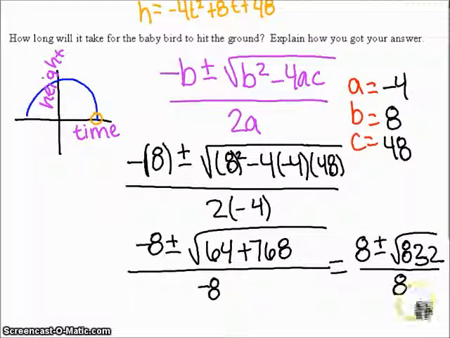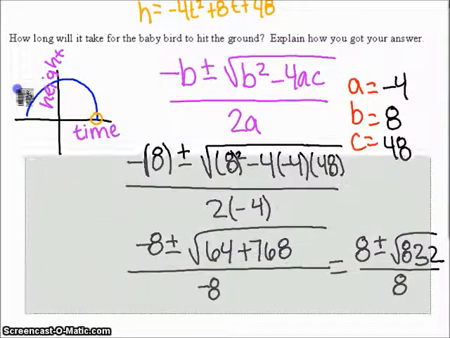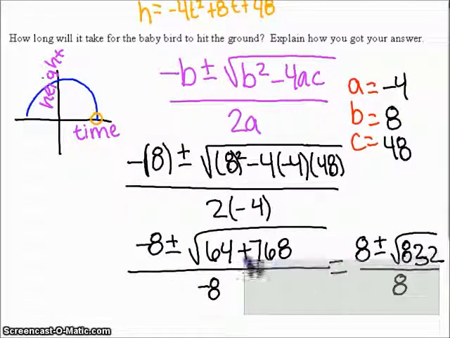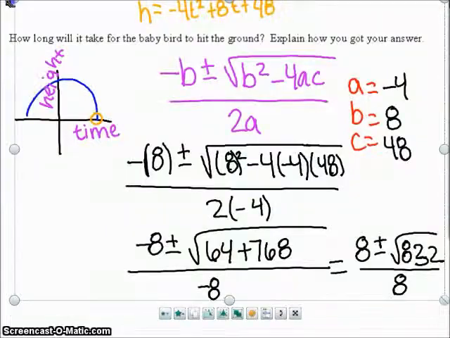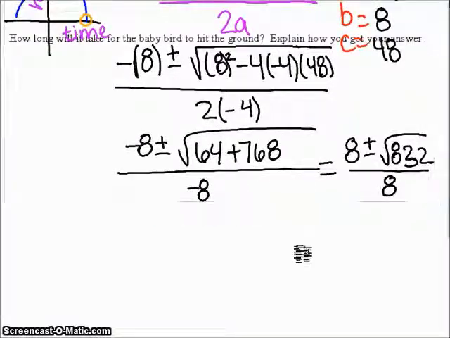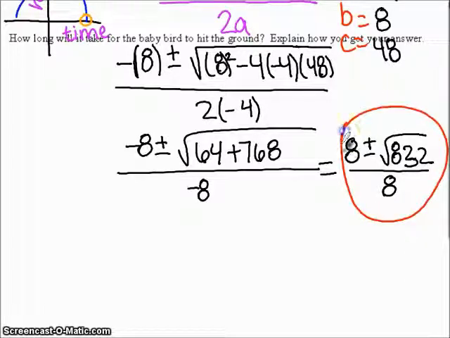Okay, so again, I just gotta write the two equations to find the two x-intercepts for the baby bird. I'm gonna move this up to give myself more space. Okay, so where we left off is right here, where we have this 8 plus or minus the square root of 832 divided by 8.